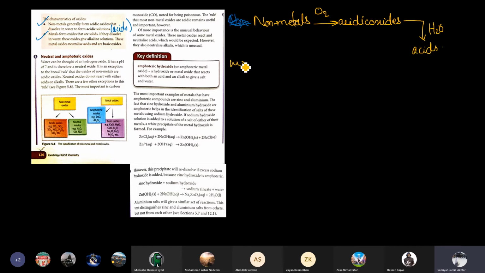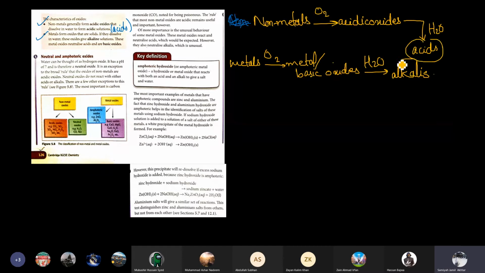Similarly, most of the metals, upon reacting with oxygen, give metal oxides or basic oxides, and when these basic oxides are dissolved in water, they give alkalis, an alkaline solution. And when acid and alkali react with each other, they neutralize the solution and form salt and water, which we know as the neutralization reaction.